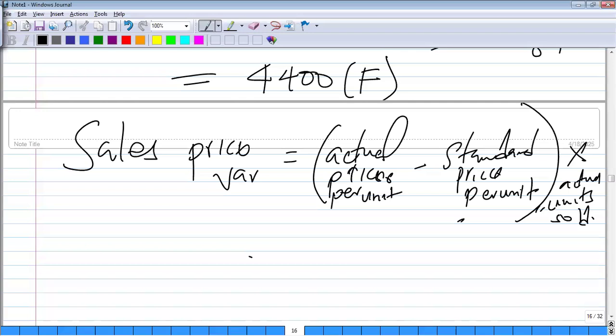So what is the actual price per unit? How do we get it if we don't have it?